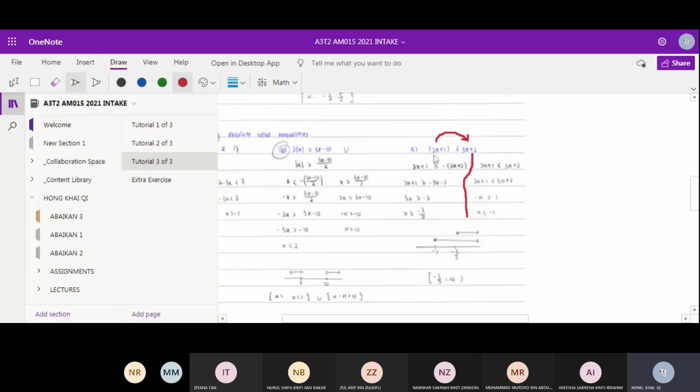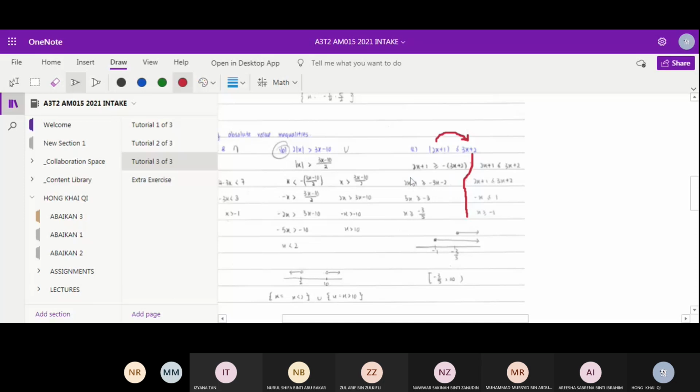Two equations, one is the same and another one you need to change the symbol, flip it and add negative to it. So the first equation we do the one which we change the symbol first. So 2x plus 1 more than negative bracket 3x plus 2. And then you open the bracket become negative 3x minus 2.